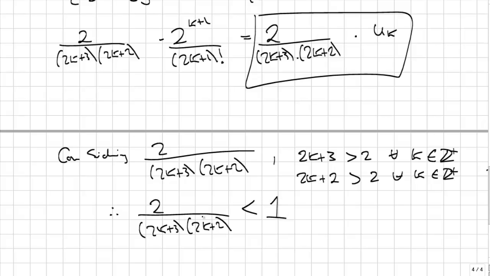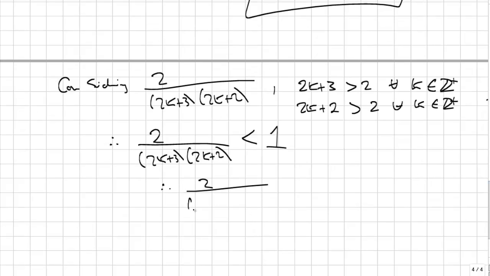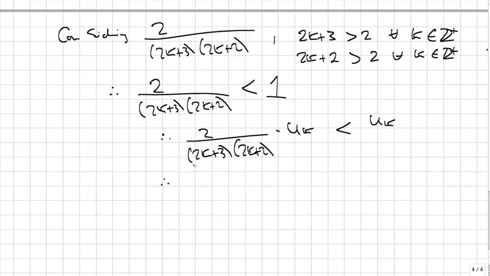The denominator is obviously bigger than the numerator, and therefore we've determined that when we have this expression here, that must be less than 1 times uk, which is of course uk, and therefore it will be strictly less than as well, of course.